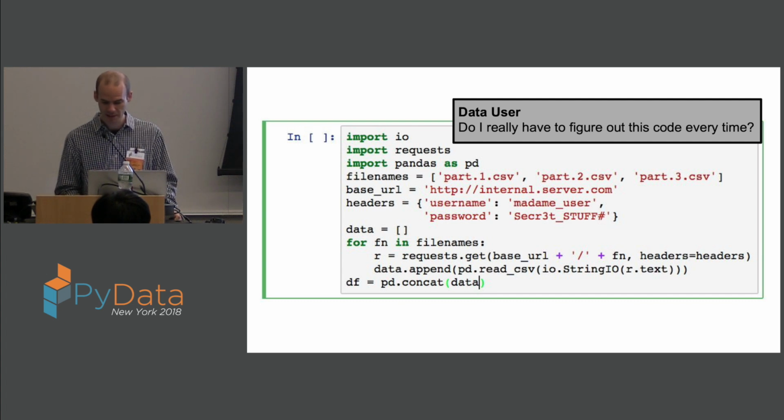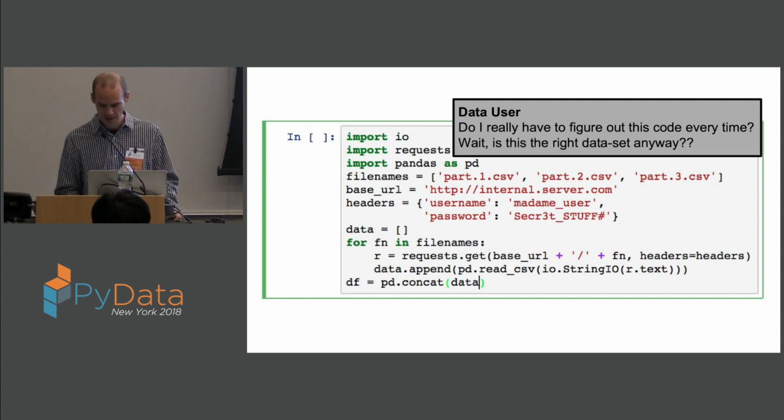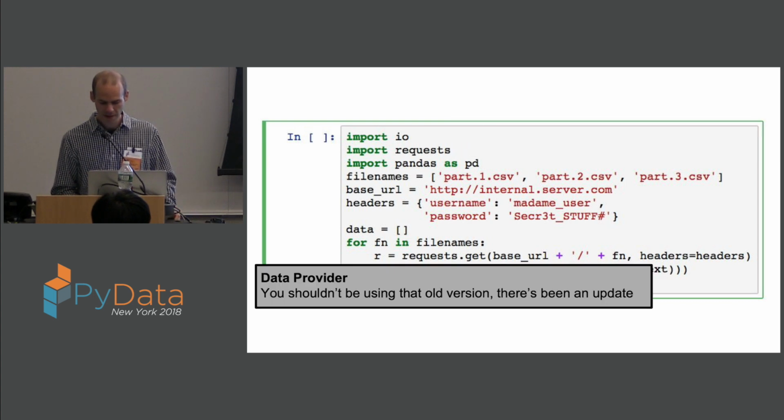That's a huge waste of time. Why did I have to do that? Why do I have to figure this out every single time? On top of that, all I know about it is these file names. If I come back to this script in the future, I don't maybe know exactly what that stuff was. Does the file name tell me all that I need to know about my data? Probably not.